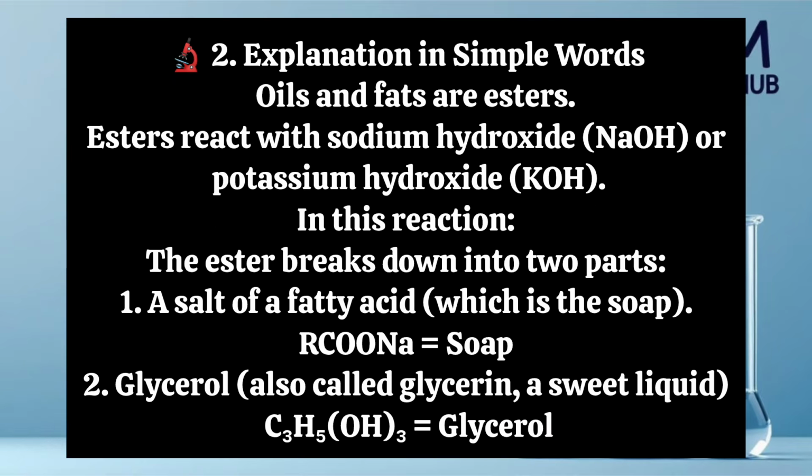So the esters are the oils and fats, and the ester reacts with sodium hydroxide or potassium hydroxide, and in this reaction the ester breaks down into two parts: a salt of fatty acid, which is a soap, and a glycerol or alcoholic part, also called glycerine, which has 3 hydroxyl groups.